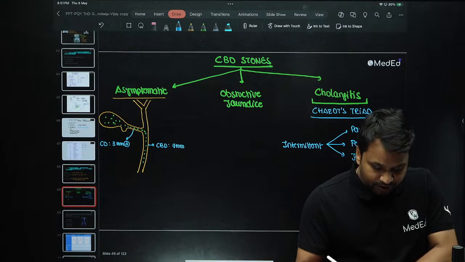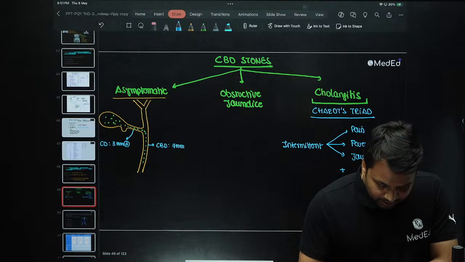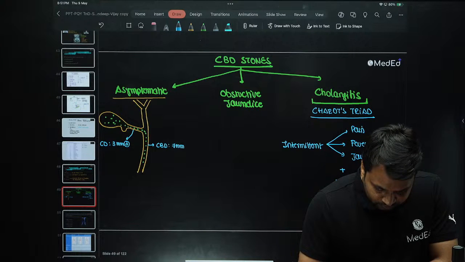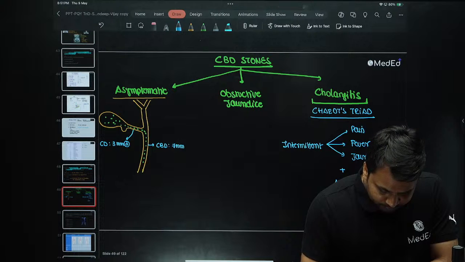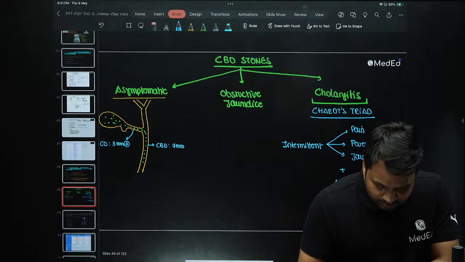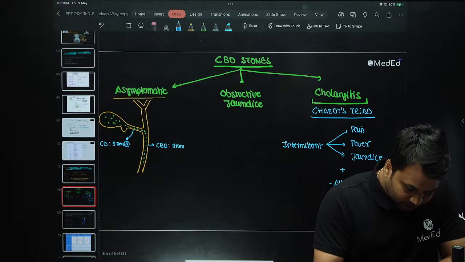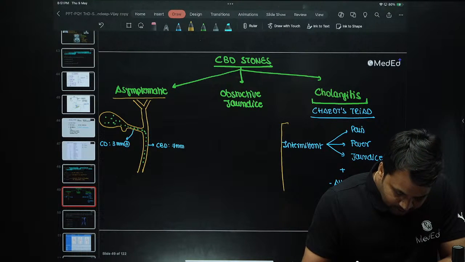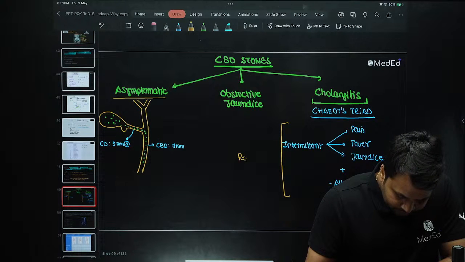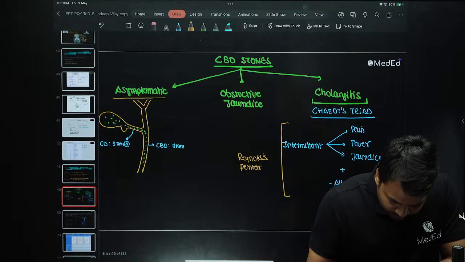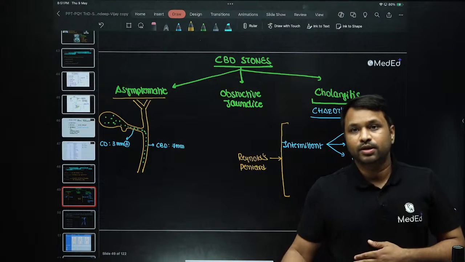If it is left untreated, it will add 2 more things: altered sensorium with sepsis. And if all 5 of them are added, this is what we call the Reynolds pentad.